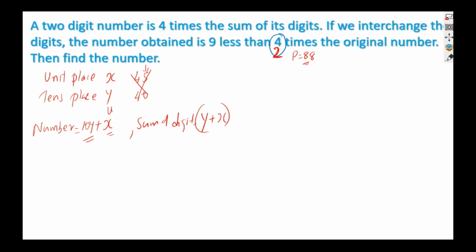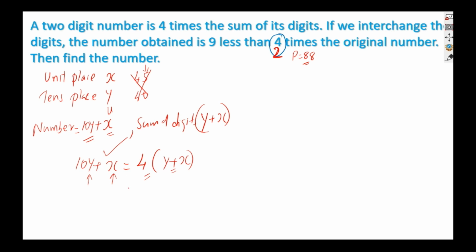So 10y plus x is equal to 4 times the sum of the original digits. This is the equation formed. This is the number, and in that number, this is in tens place, this is in unit place. If you sum that and multiply with 4, you will have this.